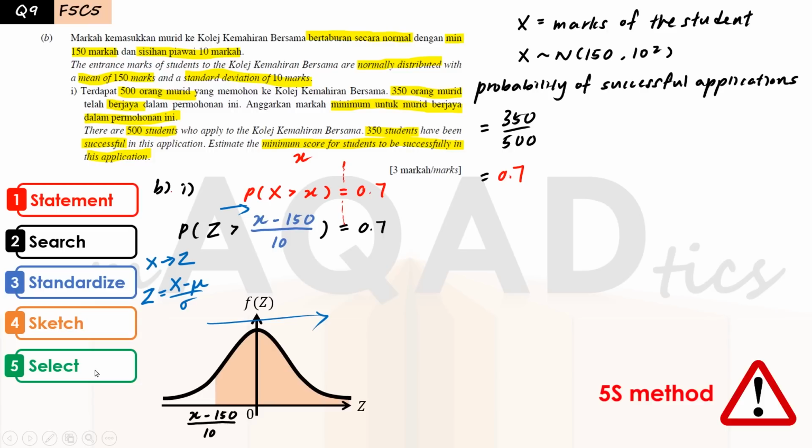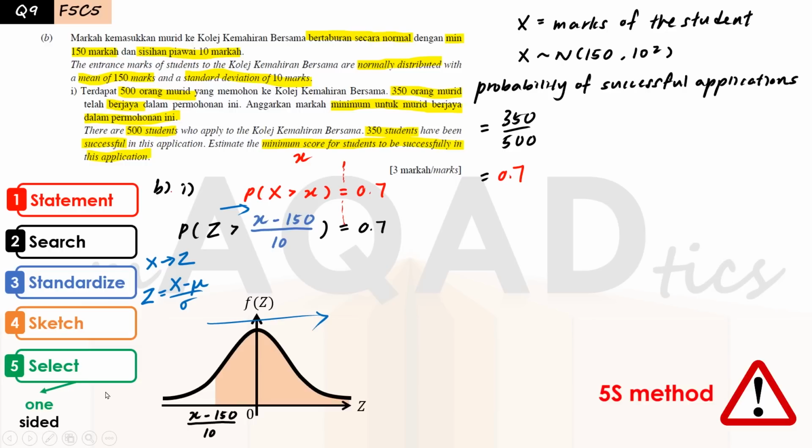Select means we are going to select the values in the normal distribution table that we are going to see later according to our graph here. But our area here, we need to satisfy these two criteria. The first criteria is the area must be one-sided, which we have already failed, because as you see, the area here involves two sides.